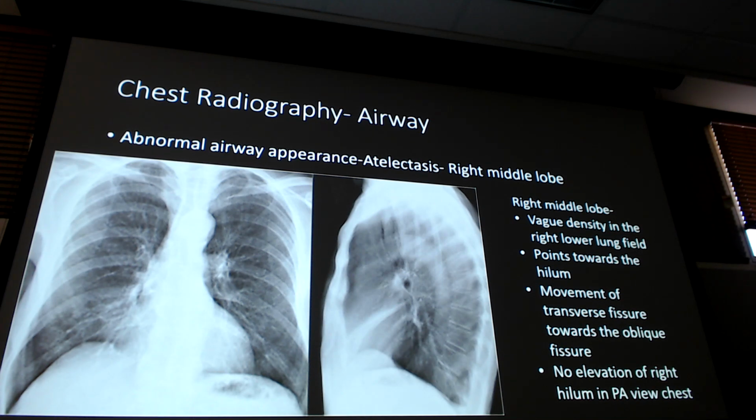It's pointed towards the hilum, which is a mediastinal structure, so that makes sense, because a lot of these things, especially your obstructive ones, will point towards the mediastinum. Sometimes your subsegmentals don't, but your obstructive ones a lot of times will. But we're not far enough gone yet for us to notice any hilar issues in the PA.